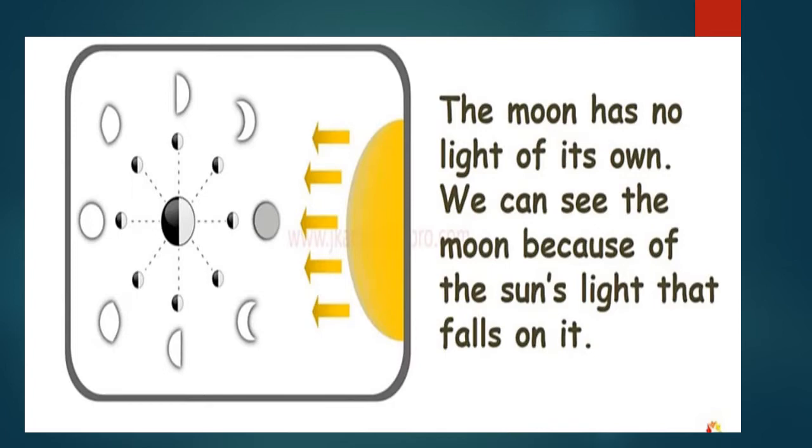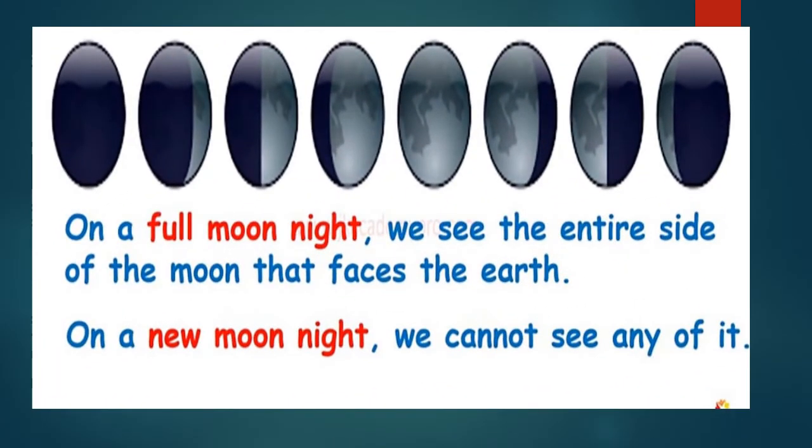Okay, students, because of the sun, the moon is getting the light, and the moon is a satellite, so it doesn't have its own. On a full moon night, we see the entire side of the moon that faces the earth, and on a new moon night, we cannot see any of it.